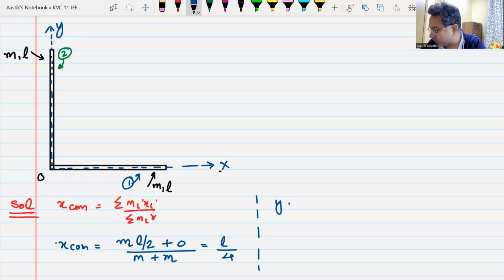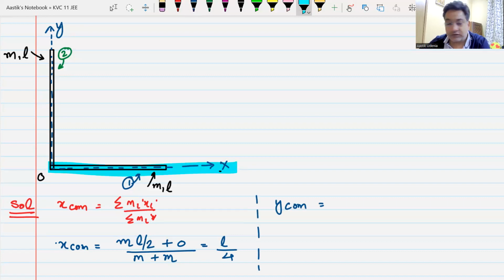Next one is y position of center of mass. M1 into y1, the y position of the first rod, which is the blue rod. The y position of the center of mass will be 0 because it lies on the x-axis. So this is 0. Plus for the second rod, which is the green rod, the y position of center of mass will lie at the center of the rod.